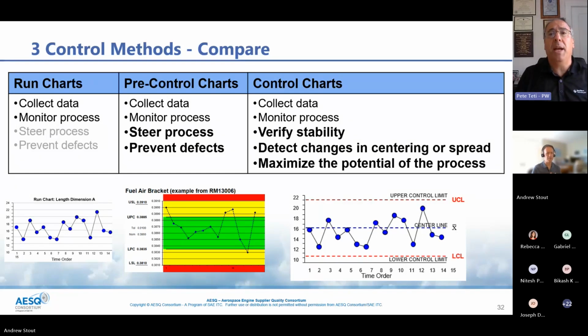Pre-control looks at the spec limit and it takes the inner 50% zone and establishes warning limits based on the inner 50% zone of the tolerance. Control charts are statistical limits based on 25 to 30 data points from a setup, and then we can calculate the upper and lower control limits, which are statistically based, and the Western Electric rules are going to follow.